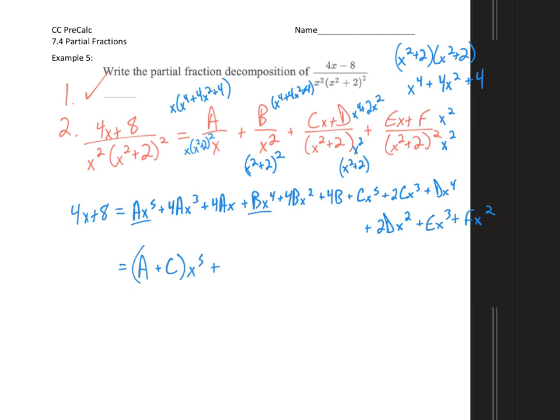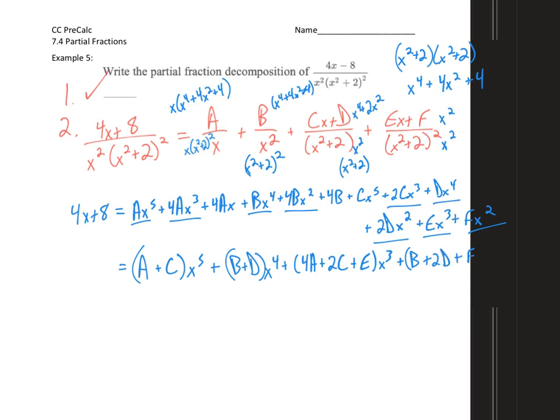Plus x to the 4th, we've got 1, 2, so I've got a B plus a D, that's x to the 4th, plus 1, 2, 3, I've got 3 things, so a 4A, a 2C, and an E that are x to the 3rd, plus 1, 2, 3, so a B, a 2D, and an F that are x squared. Just 1, so 4Ax, that's nice, plus 4B.